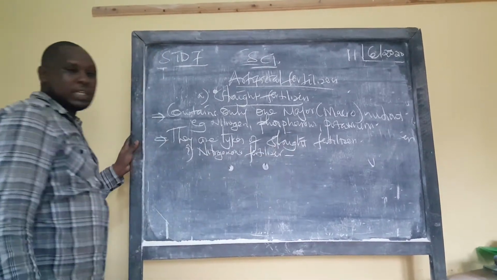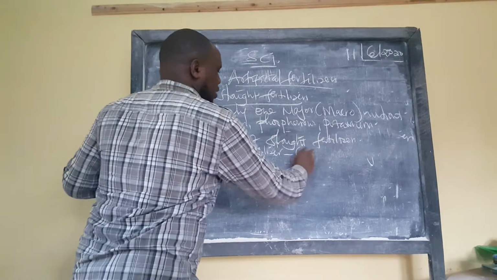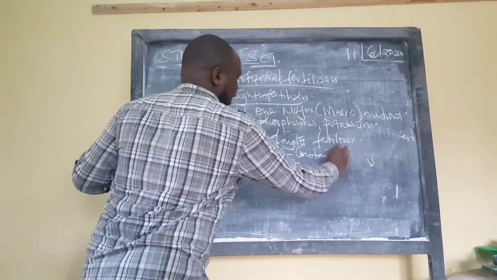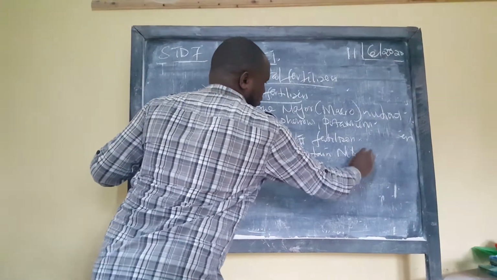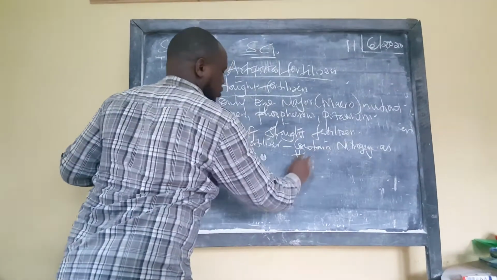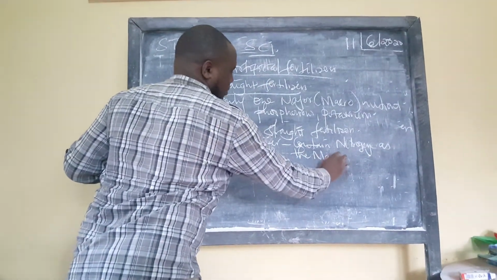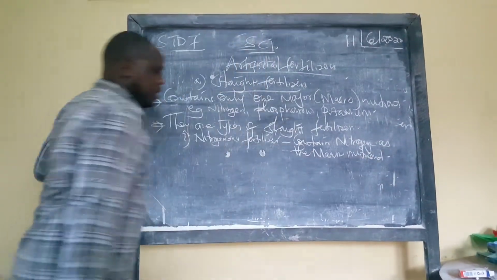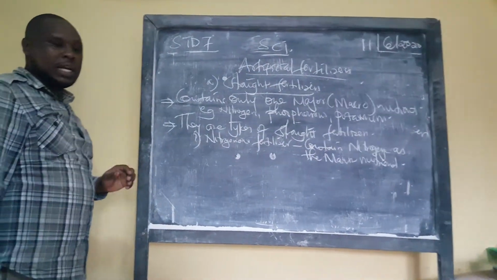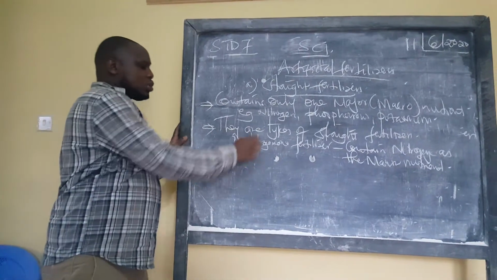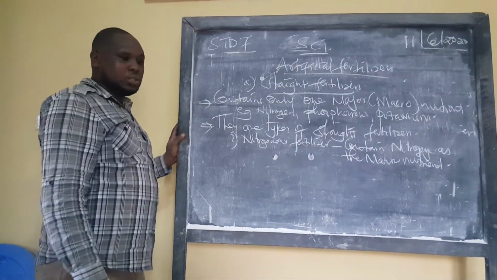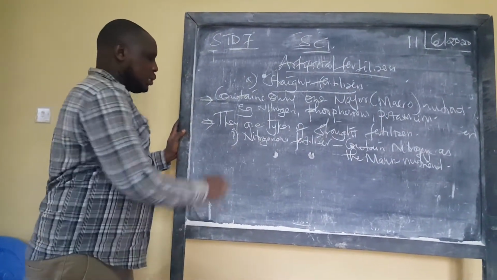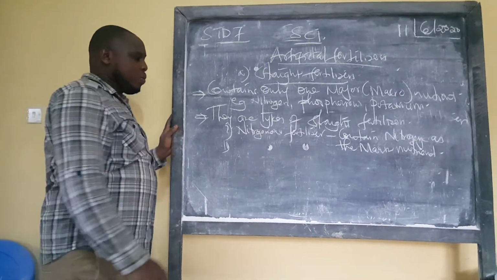This contains nitrogen as the macronutrient or major nutrient. So for a fertilizer to be called a nitrogenous fertilizer, it means that it contains only nitrogen as the macronutrient.